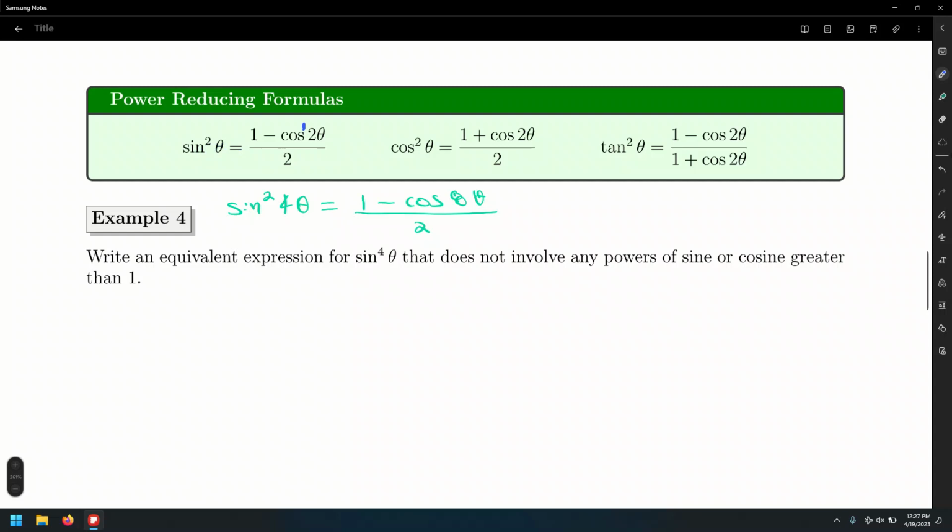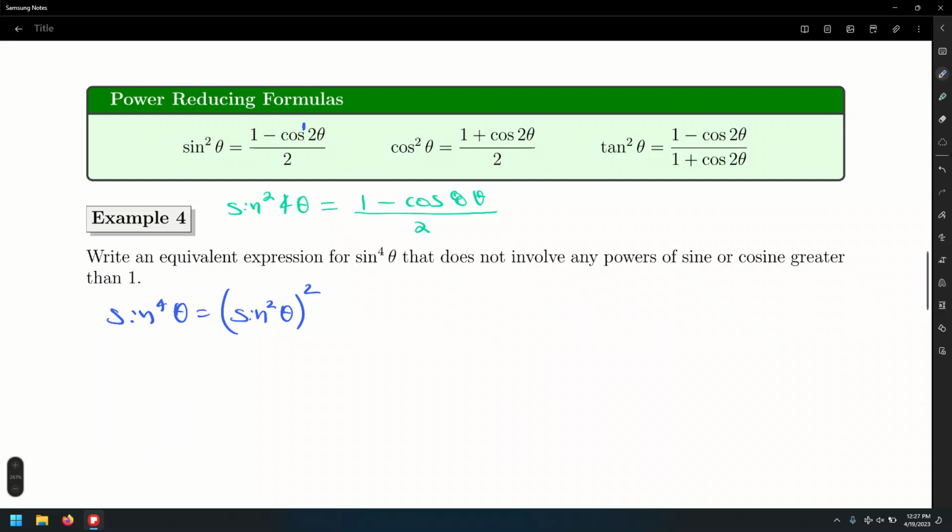We have formulas for sine to the 2nd power. Well, check this out. This sine to the 4th theta is the same as sine squared theta, quantity squared. Do we agree that the power 4 can be rewritten as a power of another power, multiply the powers, and that's a 2 times 2? So that's how we're going to start.